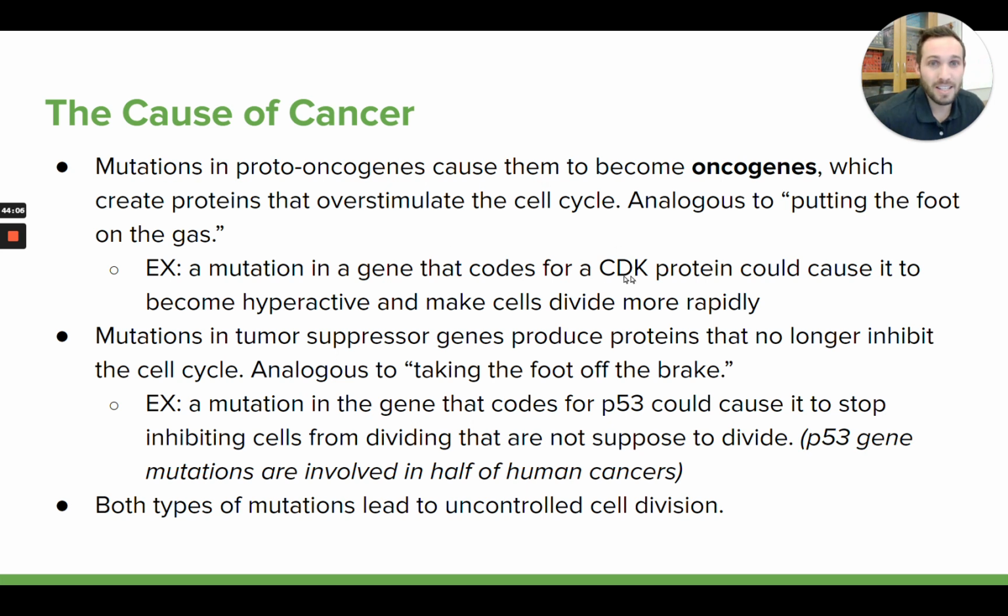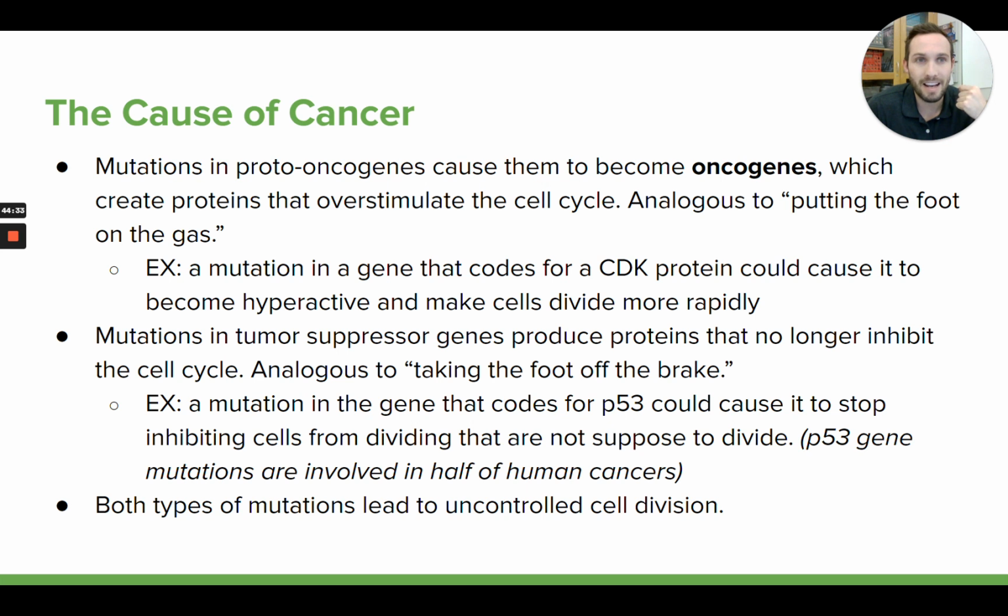A CDK protein you could call a proto-oncogene. It's a normal protein that's supposed to help cells progress through the cell cycle. It's kind of like the gas, but if that gas is broken in a way that becomes overstimulated or hyperactive, it's not good. That's when you end up with an oncogene, which is a bad proto-oncogene. An oncogene is a cancer-causing protein.